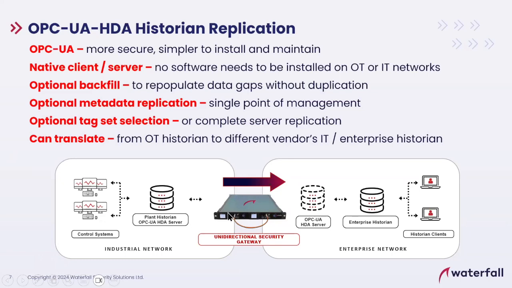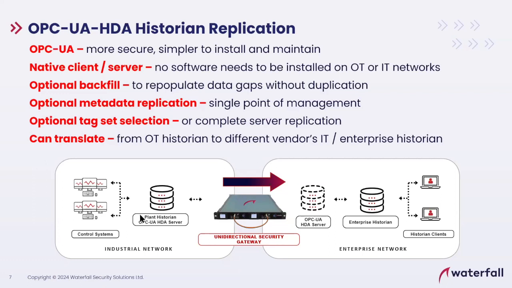The Waterfall software on the internal side, the OT side, the industrial side of the device, connects to the historian database through HDA, historical data access. It requests from the database all of the data that is new since the last time we connected, a second ago, gets the new stuff, and pushes it through the one-way hardware with the one-way protocols.